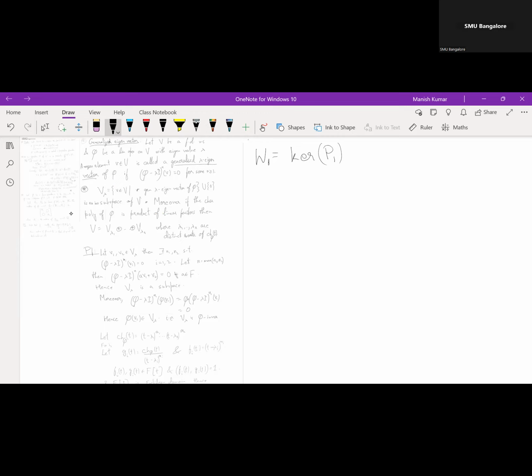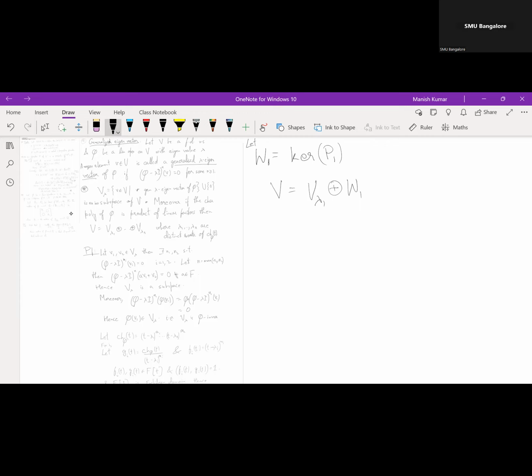So yeah, then what do we know? We know that V is V_lambda1, which is the image of P1, plus W1. Yeah. And of course, V_lambda1 is a phi invariant subspace, and W1 is also a phi invariant subspace.